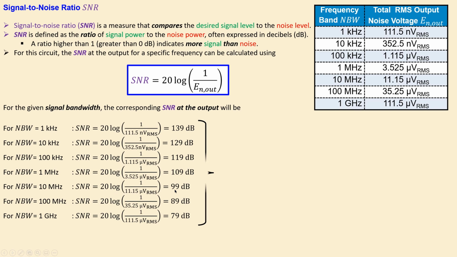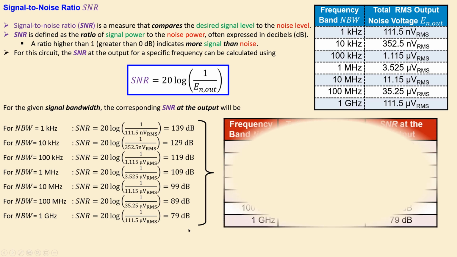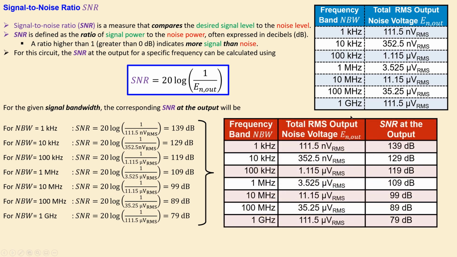If I now collect these together in a table and give the total RMS output noise voltage and the SNR next to each other, you can see that if the frequency is increasing, the noise will increase. You can see it's nanovolts RMS, but now it goes to microvolts, so it is increasing. But SNR will decrease.